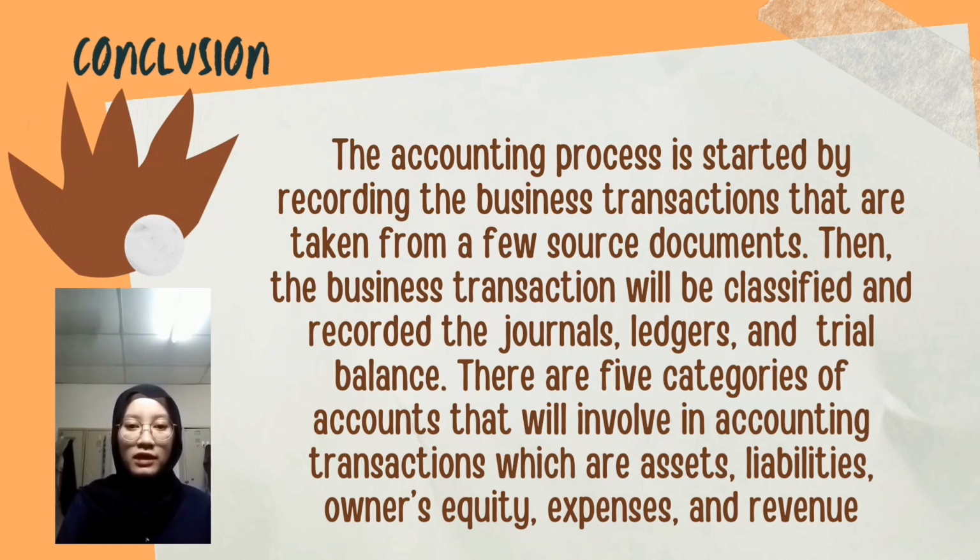The purpose of preparing a trial balance is to check whether the transactions have been correctly recorded in the books of account. If there is an error, the company must adjust the trial balance.